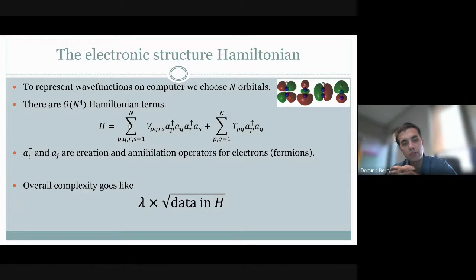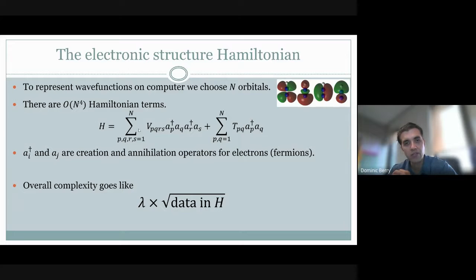So one approach that we looked at before was essentially looking at the actual values of these V's and T's that you end up with. And it turns out that for FeMoco, there's a lot of these that end up having very small magnitudes. So what you can do is essentially just pick out the values of V that are significant and use those in the simulation and ignore the ones that are very close to 0.